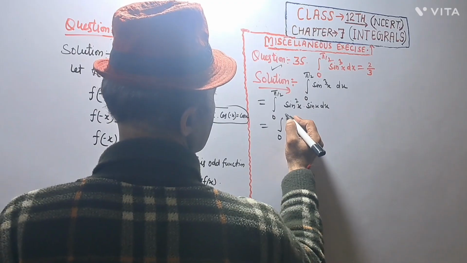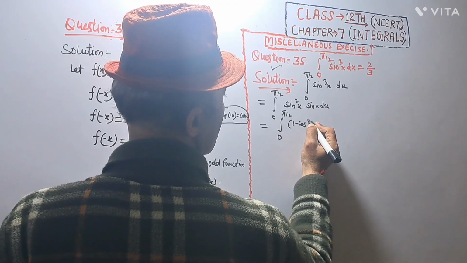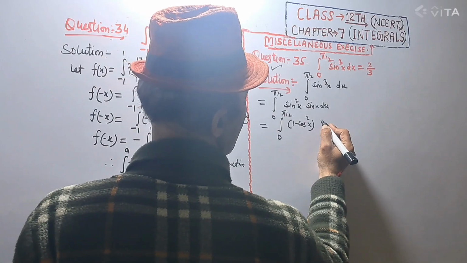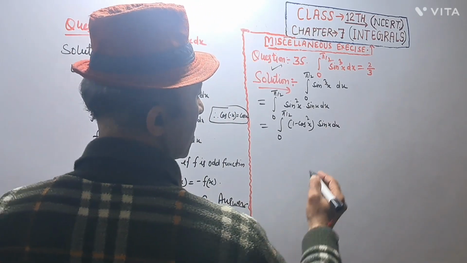Next step is the integral from 0 to pi by 2 of 1 minus cos square x into sin x dx.